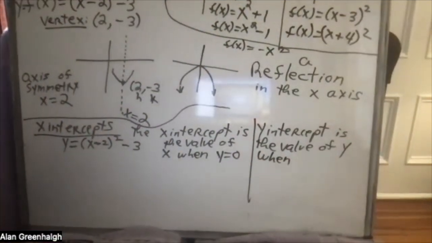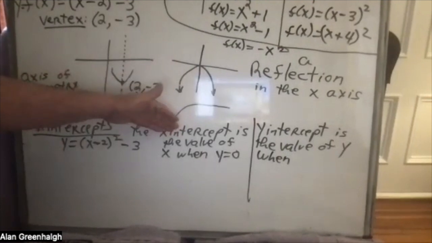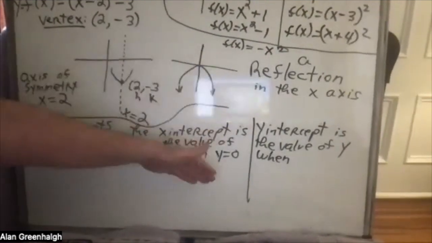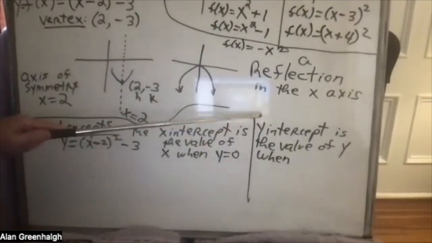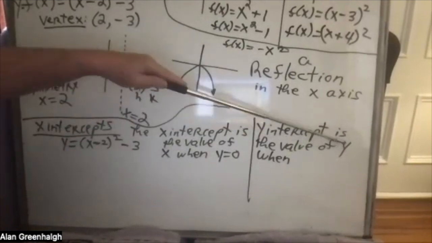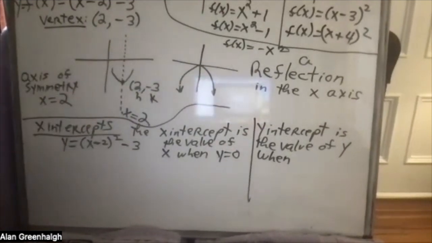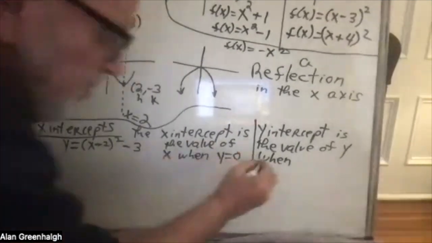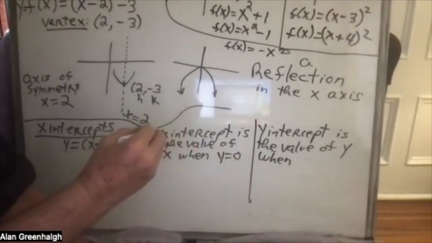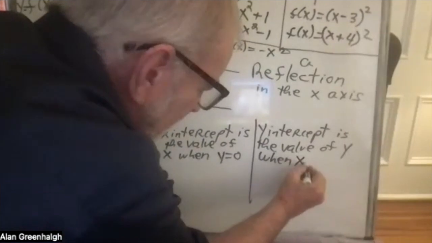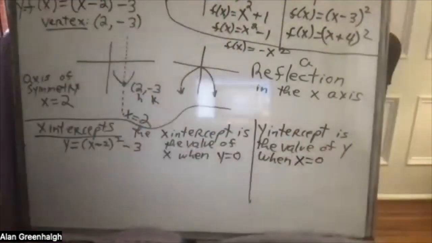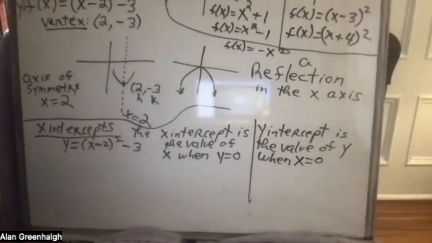If the x-intercept is the value of x when y equals 0, then the y-intercept is the value of y when what? When x equals 0. Good. Who said that? Rose. Very good. Nice going. Now we're all set.